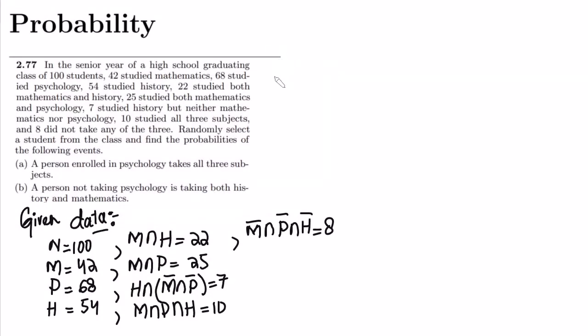So let me write the solution of it here. I have to find the probability that a person has been enrolled in all 3 subjects. So which are these 3 subjects? These are mathematics, psychology and history, such that he has opted for psychology.